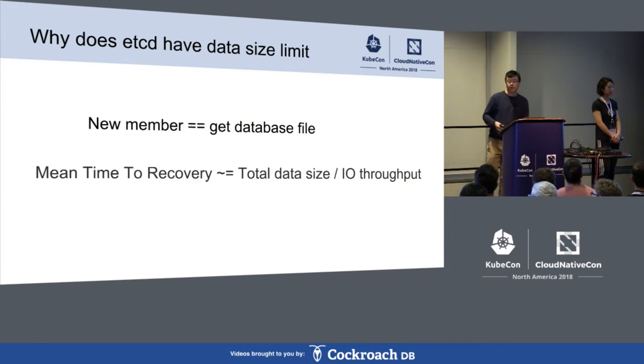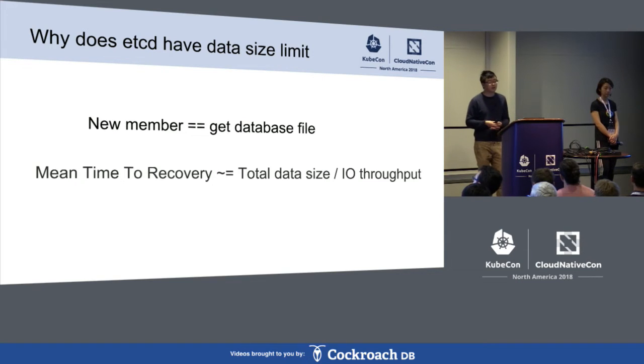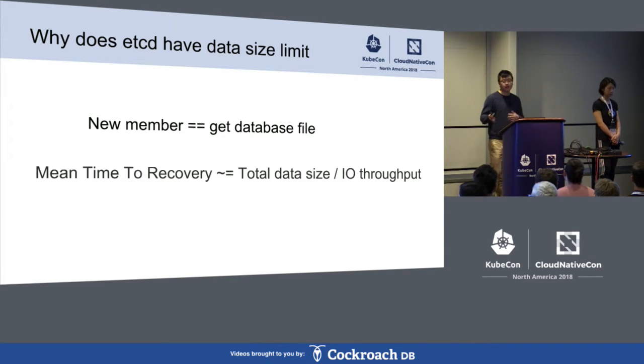If your etcd cluster lost a member and you add a new fresh member back, we want the mean time to recover to be lower than 3 minutes. That's why we set a data size limit. We set it to 2 gigabytes.